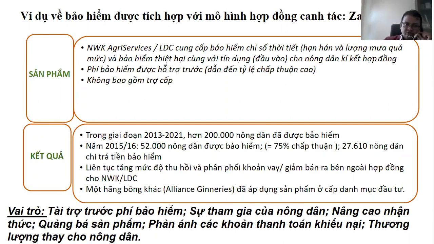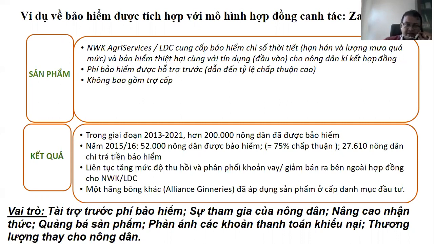So let's look at a few quick examples where these entities have actually played a role in being an effective distribution channel for insurance companies to be able to reach a large number of farmers quite cost efficiently. One example I'm very familiar with is in Zambia, the contract farming systems.